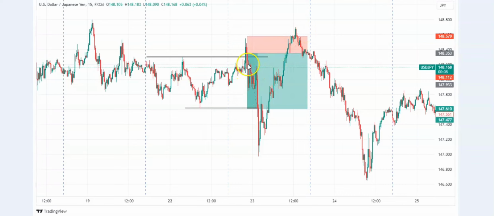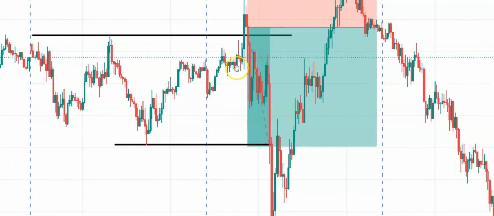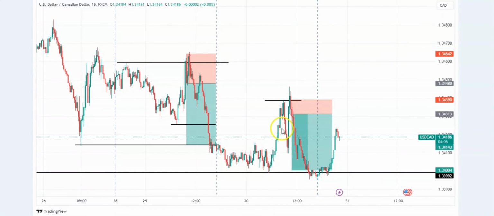This was USD JPY in Asia last week. We have 1, 2, 3. Then the move down. You can look at another example.